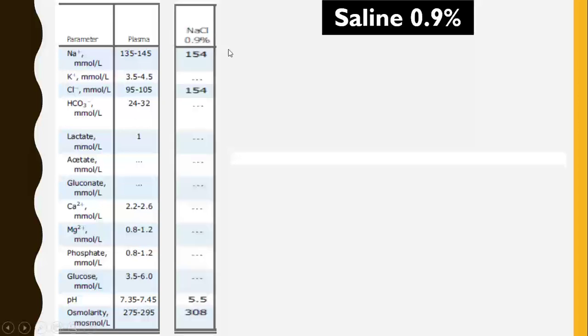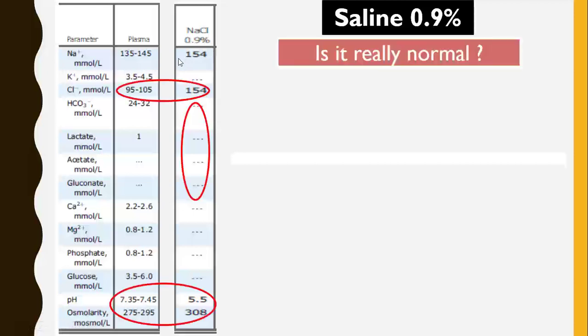If we put the sodium chloride 0.9%, we will find a very important question: is it really normal saline? No. We have a difference in the chloride content. We have here the chloride content 154 millimole per liter, and here 95 to 100 millimole per liter.